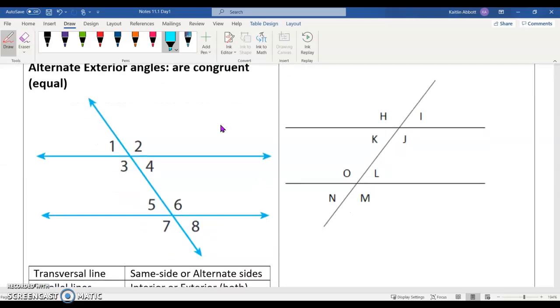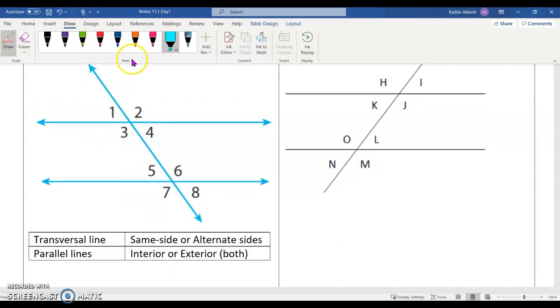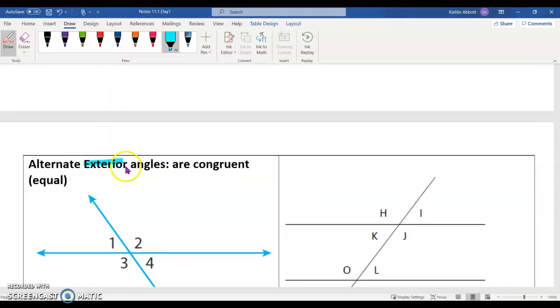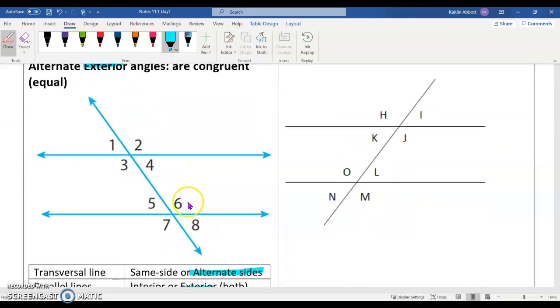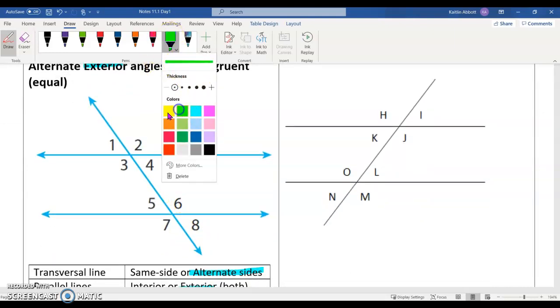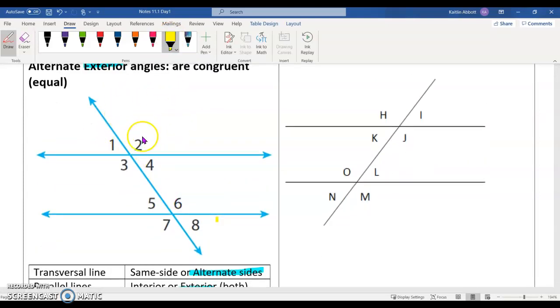I know I'm rushing through this now because I'm running out of time. So alternate exterior angles. Again, also in the name, alternate means we're going to have one on each side. And exterior angles means they're on the outside. Exterior is on the outside. So let's see, outside is in those hamburger buns.